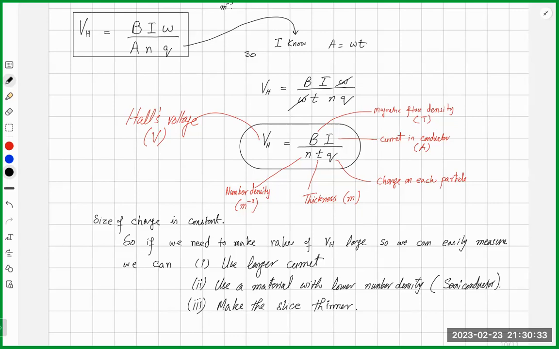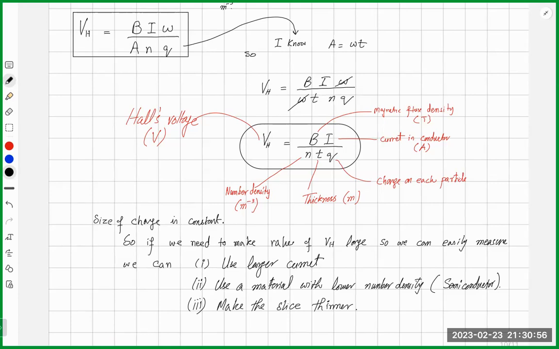T and Hall voltage are inversely proportional. If you make T smaller, you will make Hall voltage larger. That will help you to make the value more measurable. Or you can use a material with smaller N, such as semiconductors, or you can use a larger current.